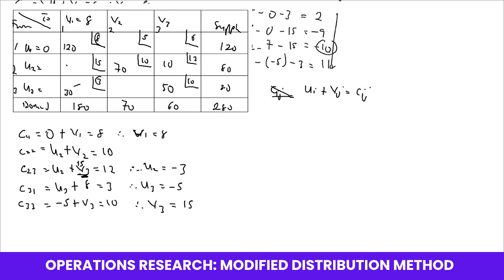So we will take it back to this equation. U2 is minus 3. So we have minus 3 plus V2 equal to 10. And that's going to give us 10 plus 3. So we have our V2 to be equal to 13. Yes, so that's it. Now we have our UI and VJ values. So let's check for optimality.